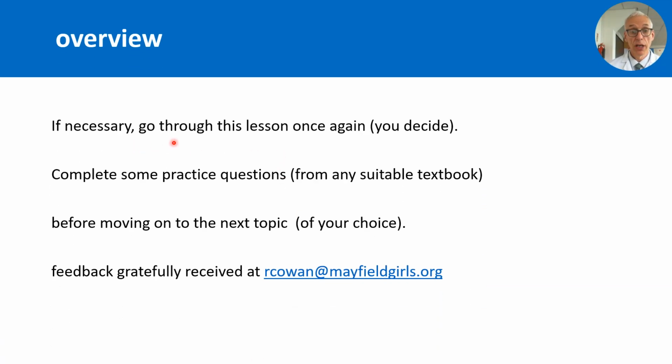If necessary, go through this lesson once again. That's your decision. Complete some practice questions from any suitable textbook before moving on to the next topic. That next topic is your choice.